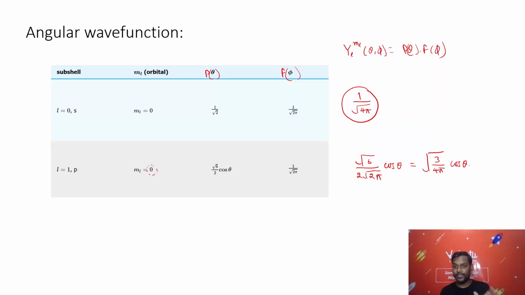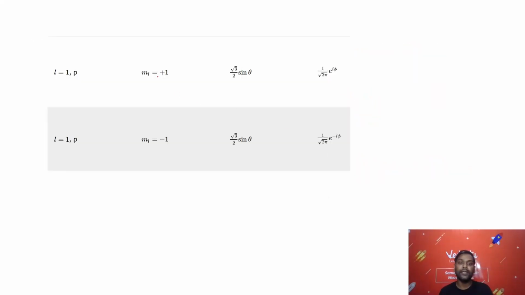Alright. So this is representing one of the p orbitals. I don't know which one this is yet. The other two p orbitals will be represented by +1 and -1. Let us see their angular wave function. So for ml equal to +1, the Θ(θ) part is √3/2 sin theta. The Φ(φ) part is 1 upon √2π e to the power i phi. Now notice that this contains a complex part.